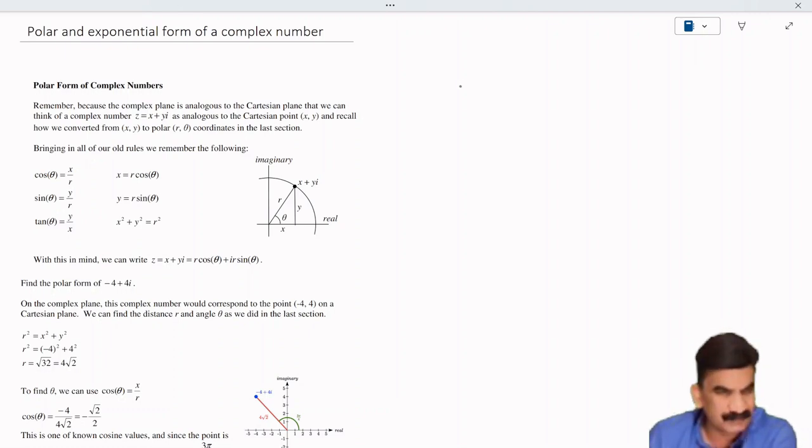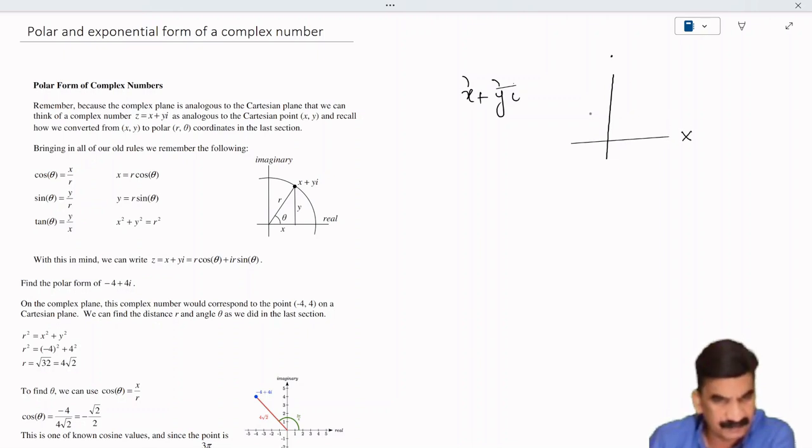Suppose there's a complex number which is x plus y times i. This is the real part, and this is the imaginary part. I can think of it as: I have a real line, and then this is the imaginary line.